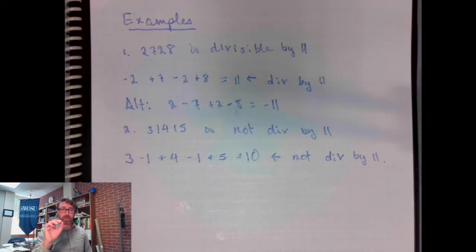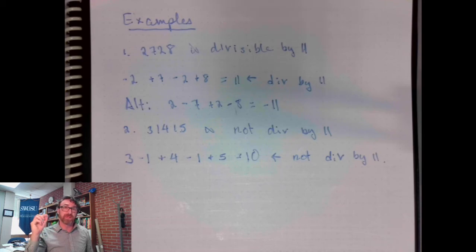Okay, so a couple tests that involve looking at the sum of the digits in your number. If you're talking about divisibility by 3 and by 9, you look at the plain old sum of the digits. You take the digits in your number, add them up. If that sum is divisible by 3, then your original number is divisible by 3.